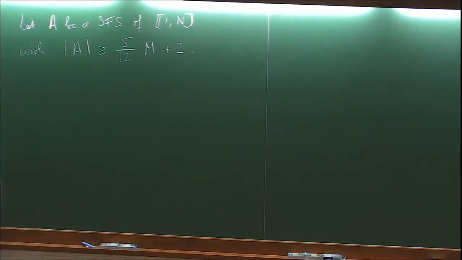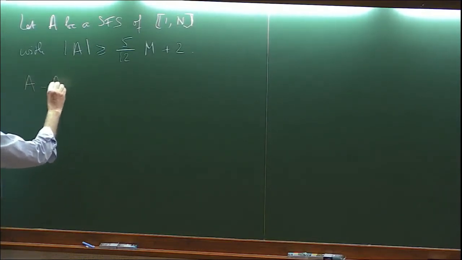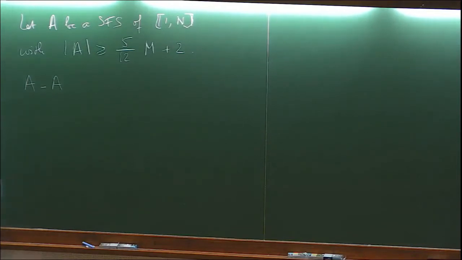And now we want to squeeze something and get something about the structure of that. So what we do is to consider the difference set, A minus A. If we take the difference, then we will have positive elements and negative elements. So this is a symmetric set, symmetric with respect to 0.